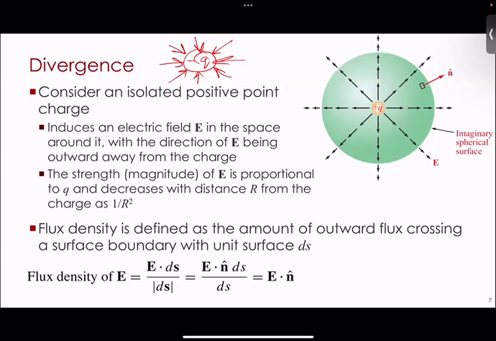So how something's flowing. If you want to visualize something maybe a little easier than electric fields and magnetic fields, you could visualize water or air, like a fluid flow, okay? Flux density, the amount of outward flux or the outward flow crossing some surface boundary.